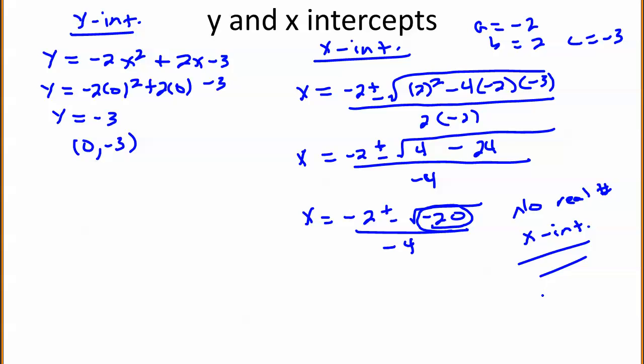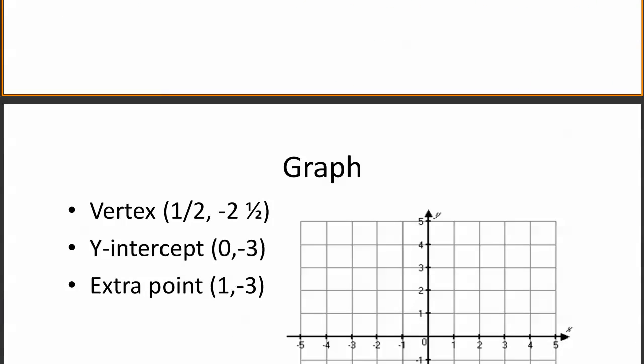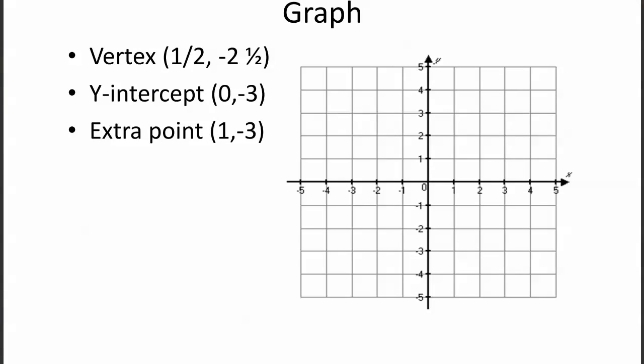Okay, so let's take the information that we have and plot it on a graph. Okay, so we know the vertex is 1/2 and -2.5. So 1/2 over and -2.5, right about in there.